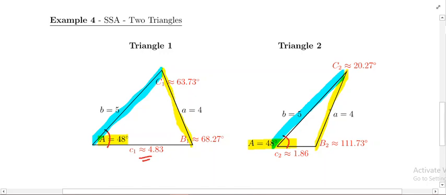In triangle 2, angle B is obtuse, about 111.73 degrees. Angle C is extremely acute, 20.27 degrees, and that remaining side length is about 1.86 units in length. So that's pretty cool that you have 3 components of the triangle that are fixed, but the other 3 components vary to form 2 different triangles.